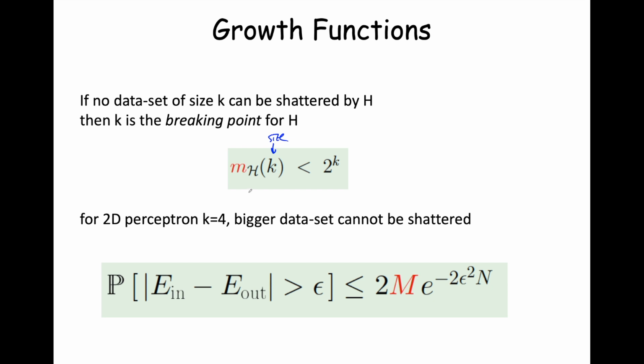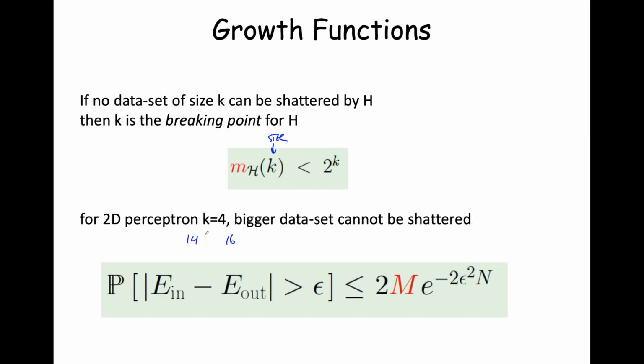And so for the 2D perceptron, what did we see? We saw that when k equals 3, we could generate all 2 to the 3, or 8, dichotomies. But once k got to 4, we could only generate 14 of the 16 possible dichotomies. So when we went from a data set size of 3 to 4 for the linear perceptron, the line in the plane, it broke.